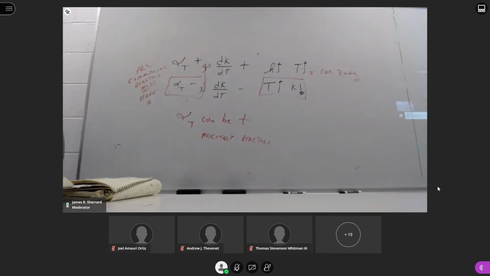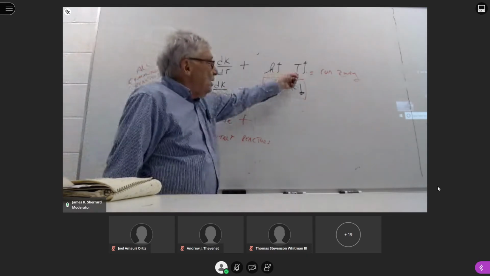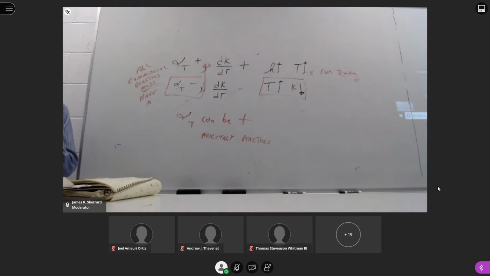So if you're on a nuclear submarine, you're on an aircraft carrier, and all of a sudden you have a loss of power, you do not want this negative temperature coefficient to come into play so that you can't raise the T and raise K. So in other words, you don't want to be dead in the water, a sitting duck for whatever might be after you. So the only exception are military reactors. Okay. Any questions on that?